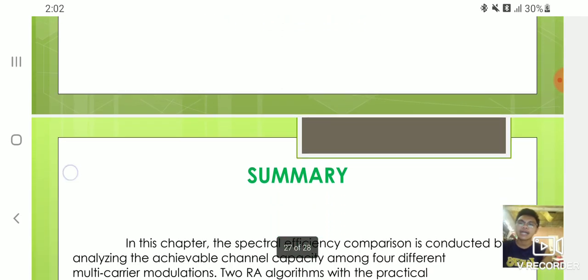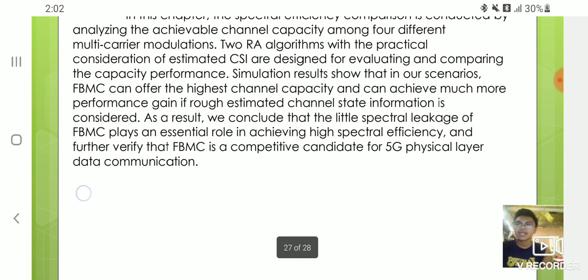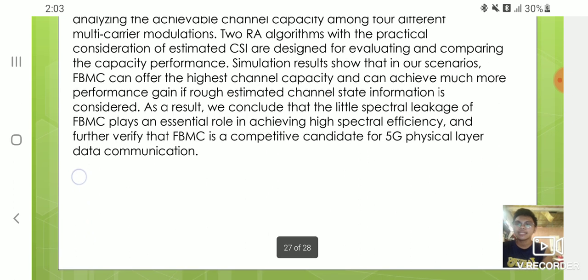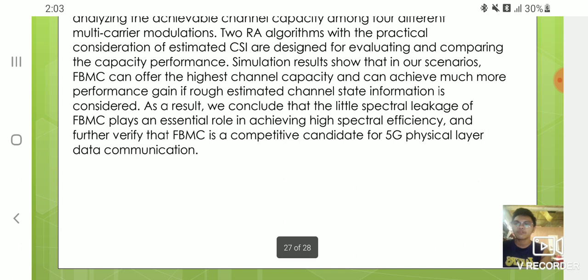Last is the summary. In this chapter, the spectral efficiency comparison is conducted by analyzing the achievable channel capacity among four different multi-carrier modulations. Two RA algorithms with practical consideration of estimated CSI are designed for evaluating and comparing the capacity performance.